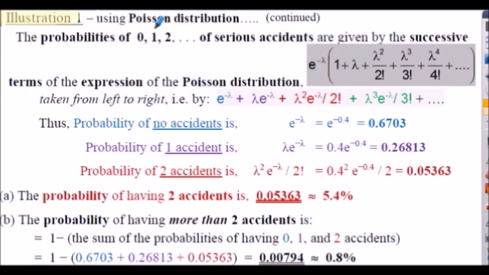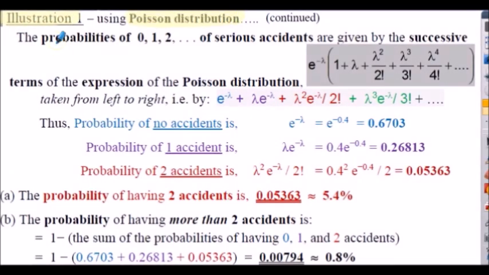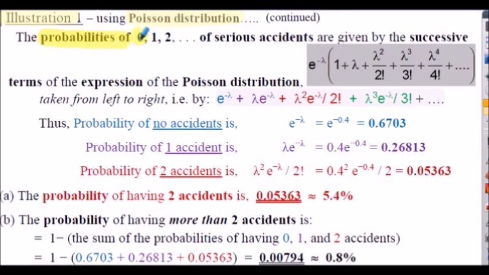Illustration 1, the Poisson distribution continued. Here are the probabilities of 0, 1, and the probability of 2 serious accidents occurring, shown by the successive terms in the expression for the Poisson distribution. So here's the first term, that's the probability of no accidents occurring, e to the negative lambda, evaluated here.